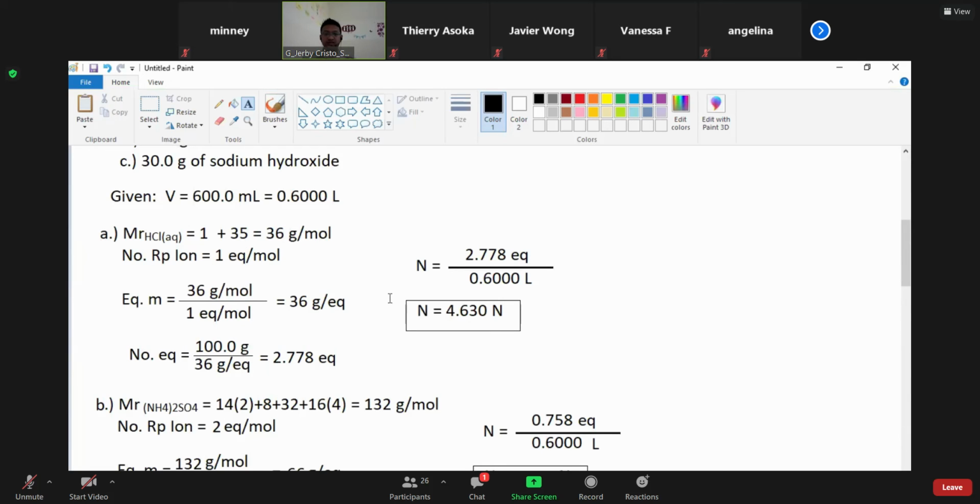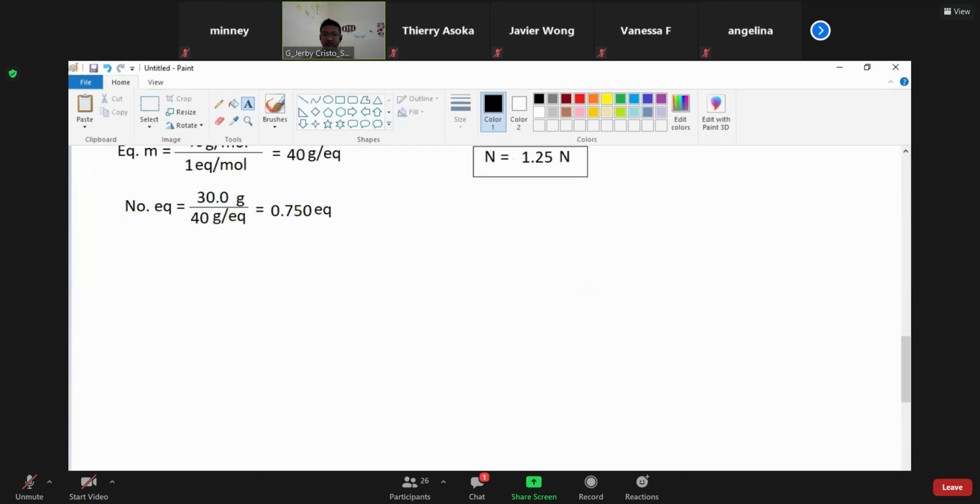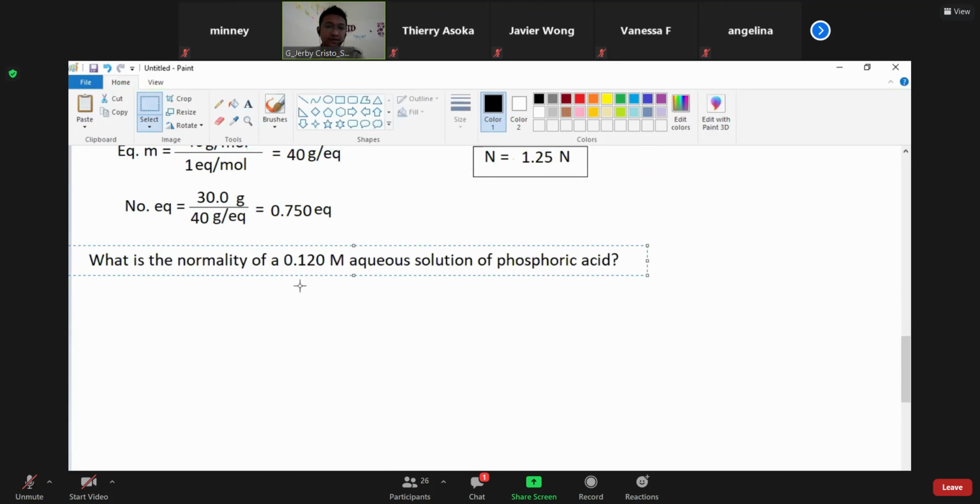So let's have our last example. With the formulas of all of those calculations, you should again be able to do them correctly. So we are asked, what is the normality of a 0.120 molar aqueous solution of phosphoric acid?